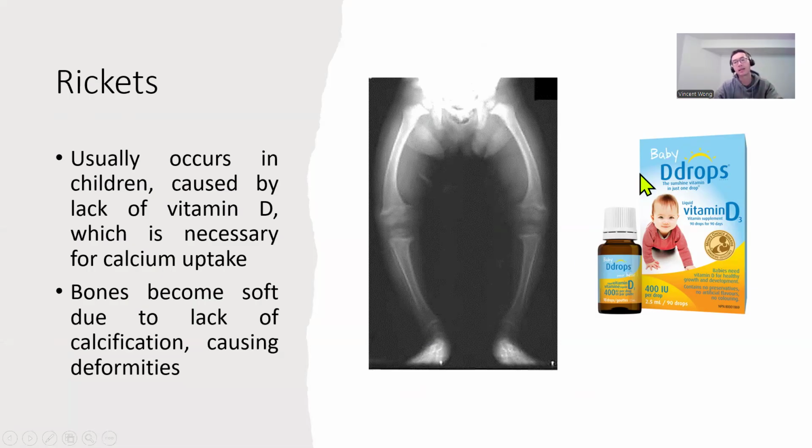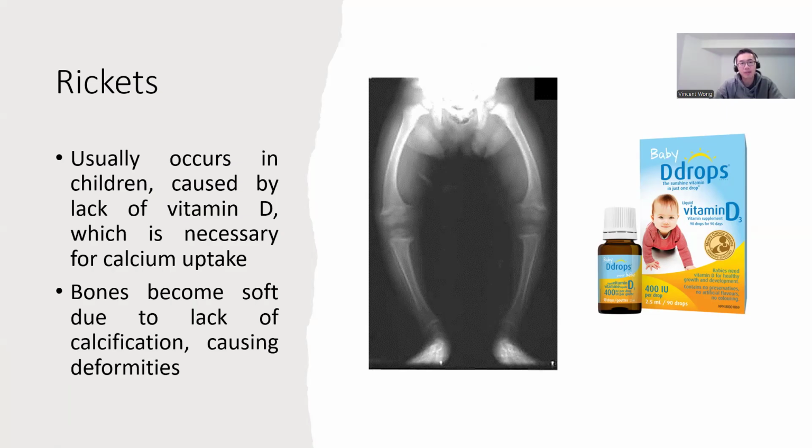We need sunlight for our body to make vitamin D naturally. But in Canada, the winters are long and we don't get enough sunlight. So babies who are born in the winter might not have enough vitamin D, which is why they are recommended to take supplements.